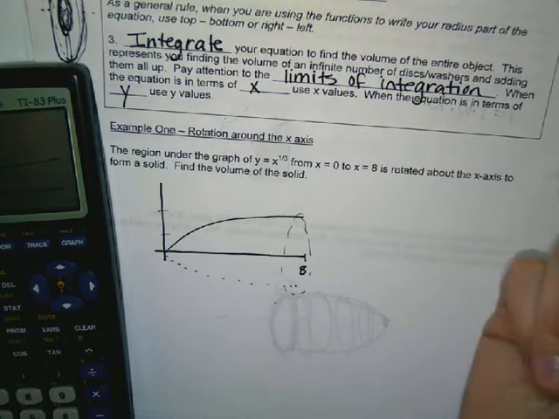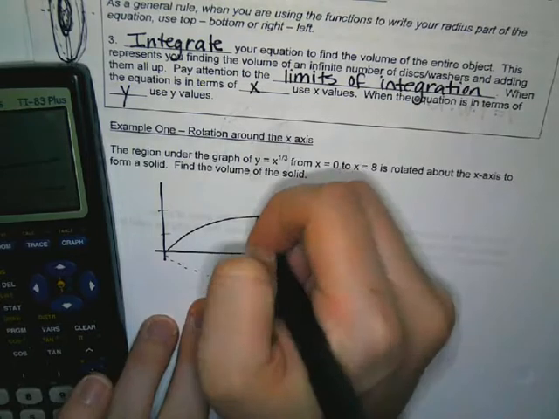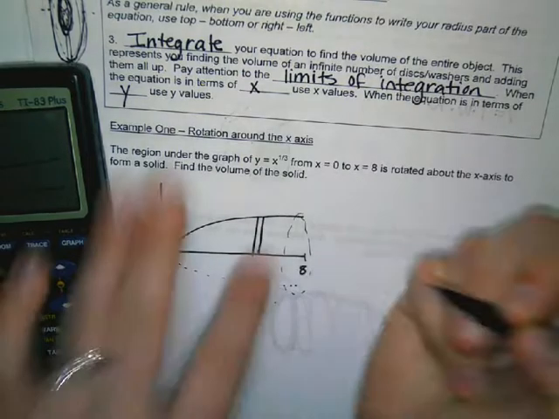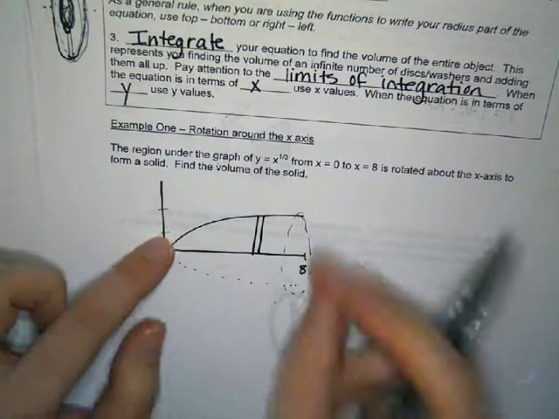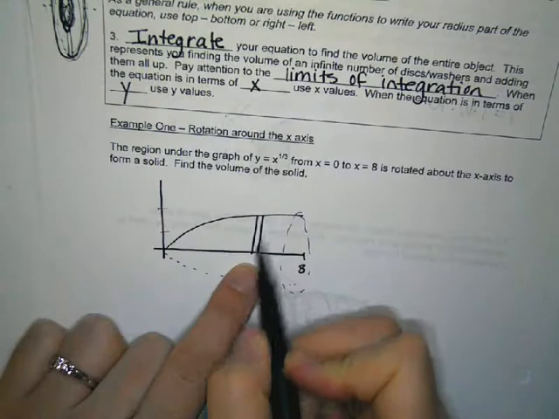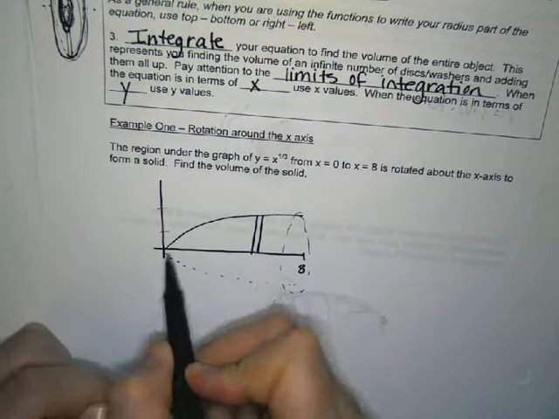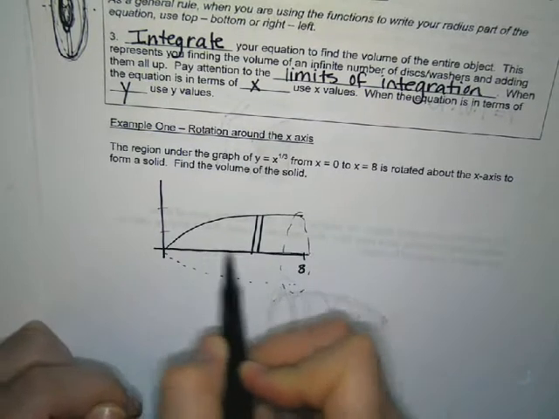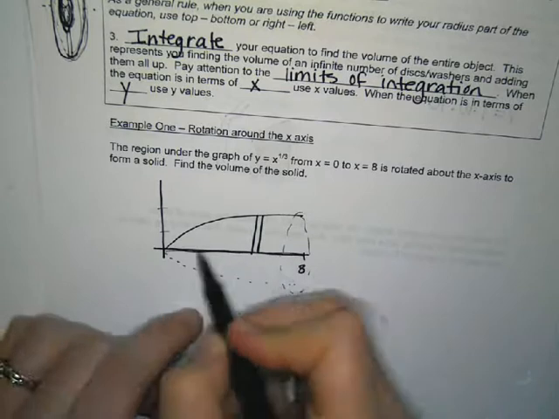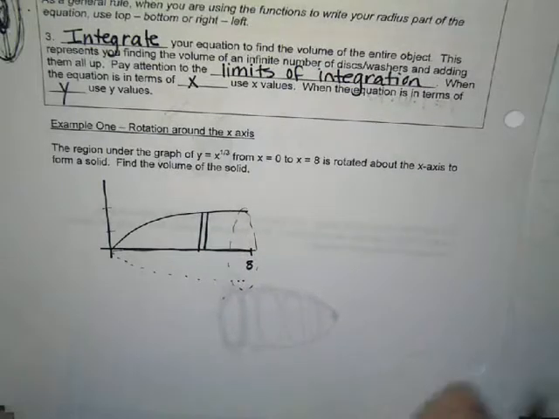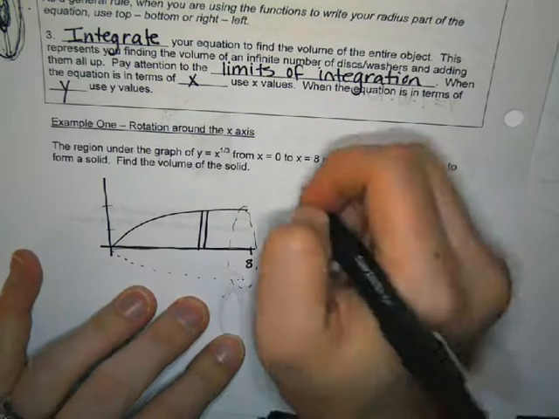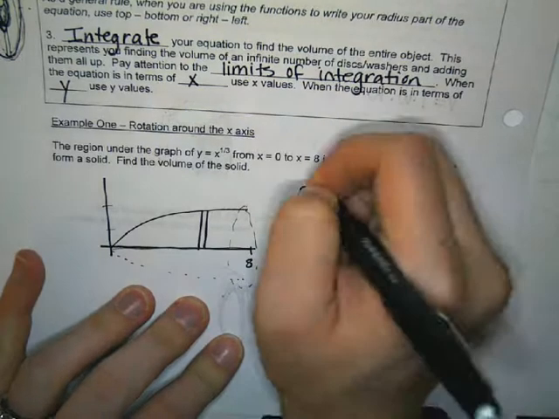Okay? So we're going to draw a representative rectangle in my chunk of area that I'm looking at that butts up to my axis of rotation. So you draw it perpendicular, and it says I'm rotating around the x-axis. Now that rectangle can go anywhere because it's just representative, so I kind of have a picture to work from. Alright, so now I have to write my volume equation. Now, I know I'm going to be integrating from 0 to 8.